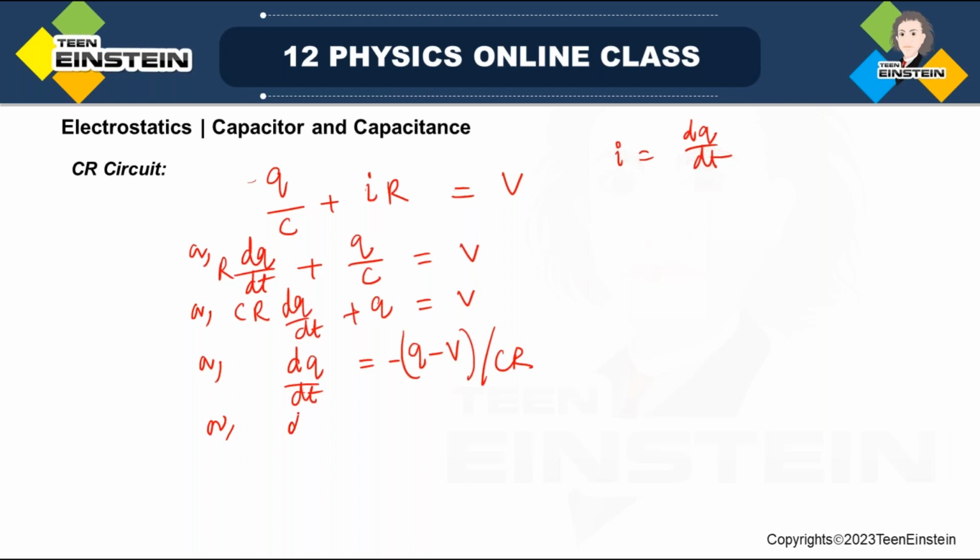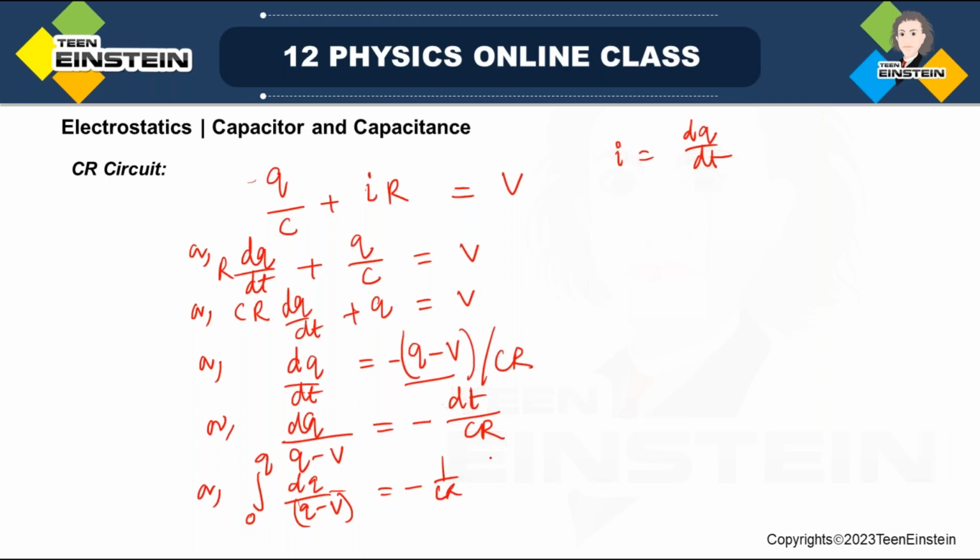So I'll be integrating for q: dq over q minus v equals minus dt divided by cr. If we integrate, I'm taking the limits: q was 0 initially, and it has come to q after some time. So this is the integral of dq over q minus v, and minus 1 over cr, the integral from 0 to t of dt.